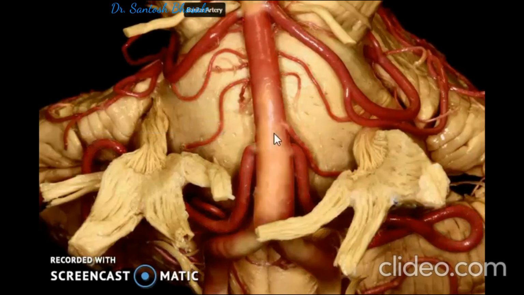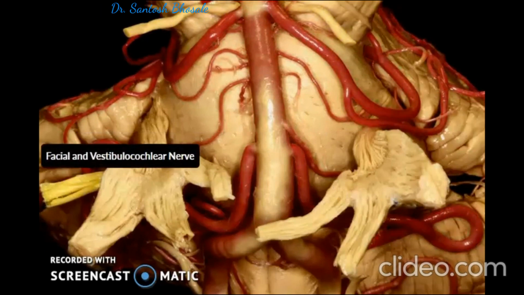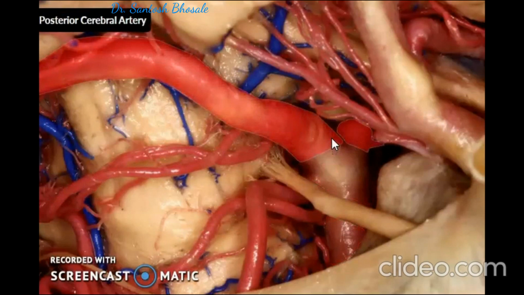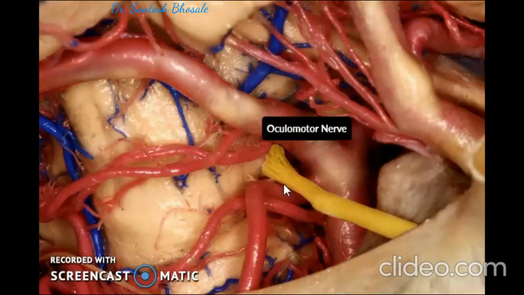Vertebral artery and basilar artery give three branches, and basilar artery also gives terminal branches, that is posterior cerebral artery. In this right lateral view, you are seeing the basilar artery dividing into posterior cerebral artery. It is the right lateral view of the midbrain.